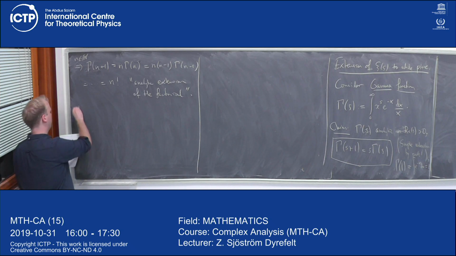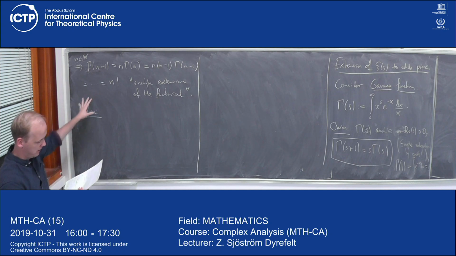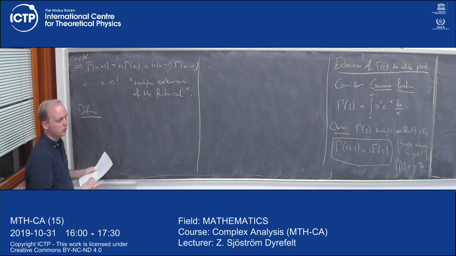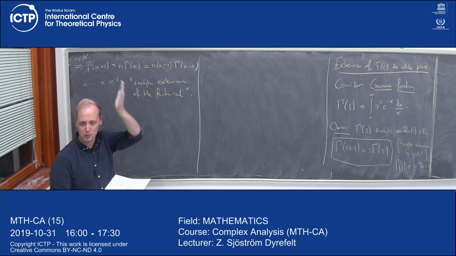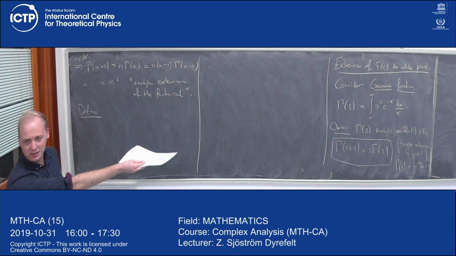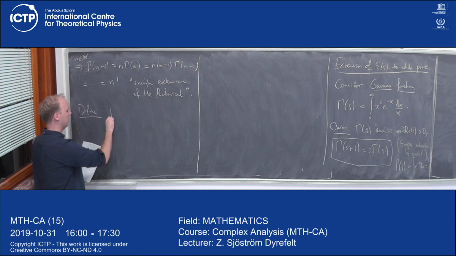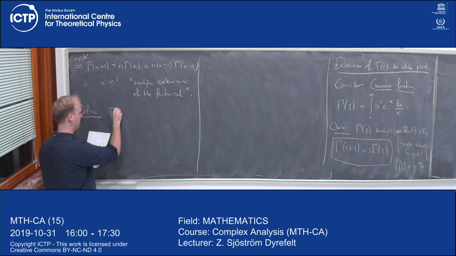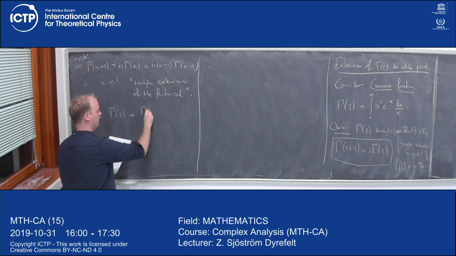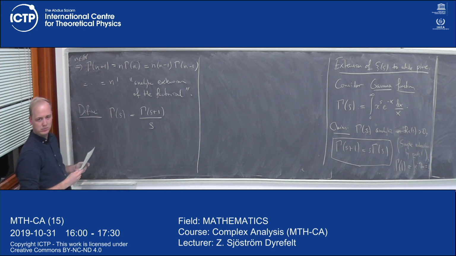And now we can continue using this in order to define the gamma function more generally. For now, the gamma function is defined on a positive half plane. But actually, we can use this amazing identity here to define it as a meromorphic function on the whole of C. And how do we do that? Well, we say that gamma of s is equal to this.